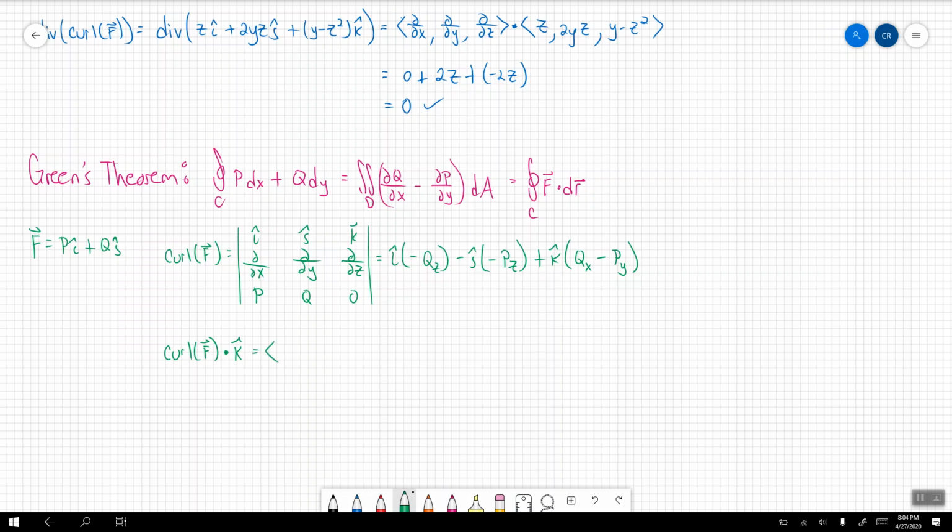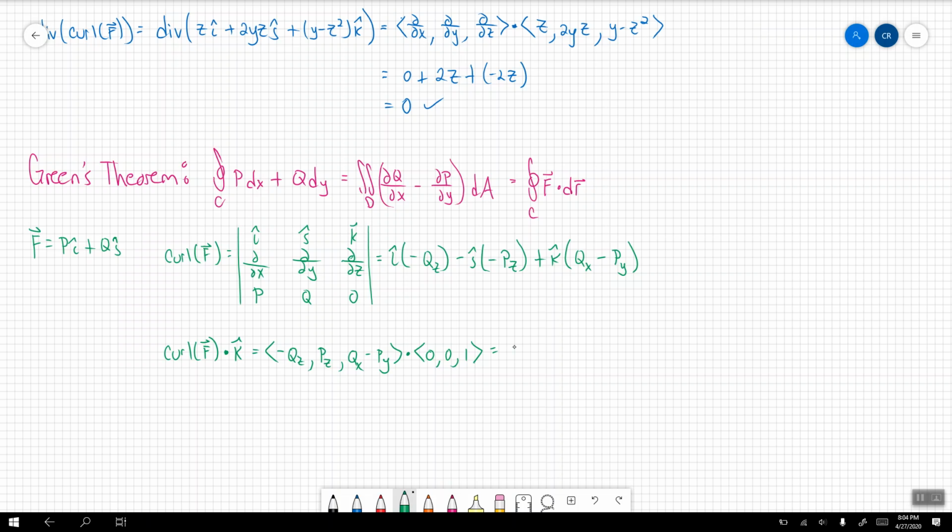It's going to take this curl, this negative partial of q with respect to z, plus the function of p with respect to z, and then we're going to have that q with respect to x and p with respect to y, and I'm going to dot this with the unit basis vector 0, 0, 1.